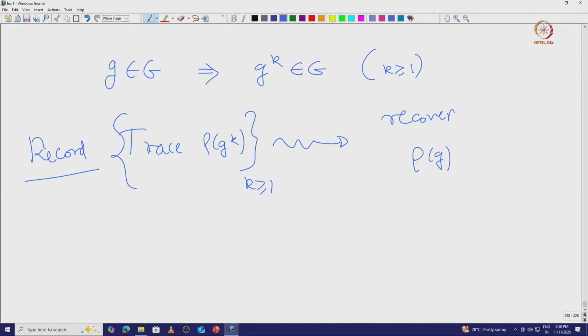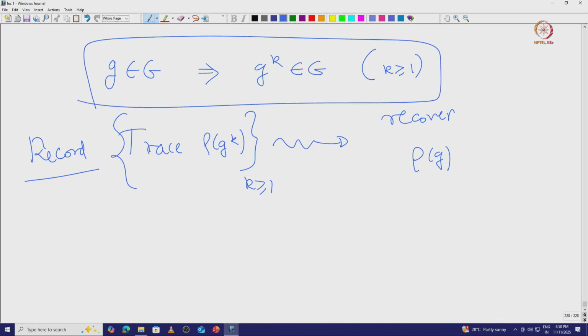That is what motivates us to define the characters, and this is the crux of character theory. But we can't use just one element of G and its powers to recover rho of g, because G has lots of symmetry in it.